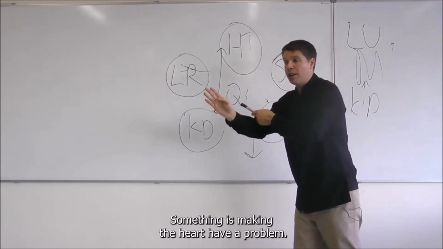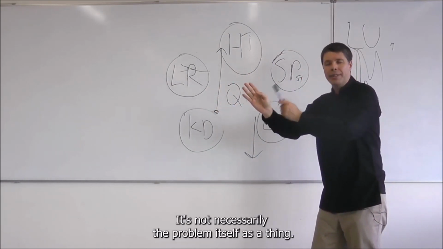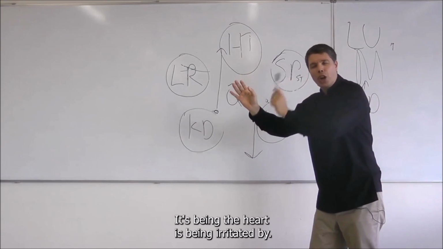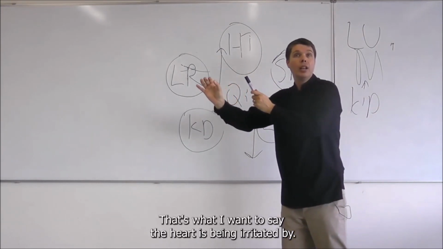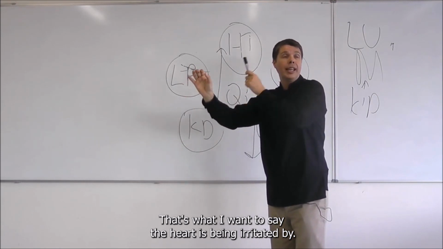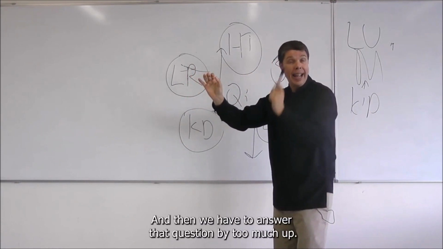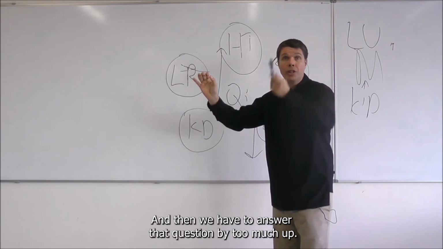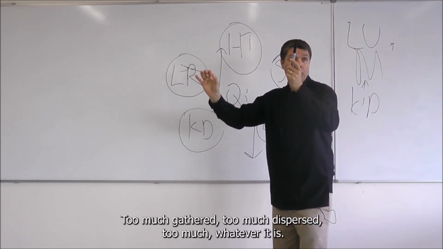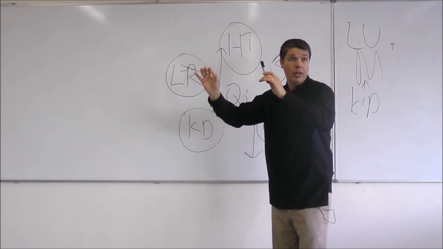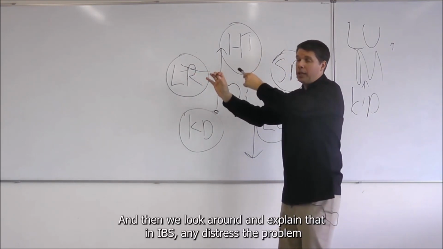Something is making the heart have a problem. It's not necessarily the problem itself as a thing. The heart is being irritated by. That's what I want to say. The heart is being irritated by. And then we have to answer that question by too much up, too much gathered, too much dispersed, too much whatever it is. And then we look around and explain that.